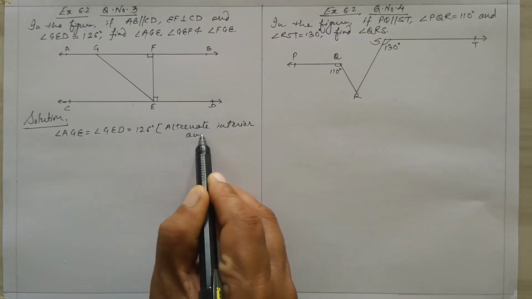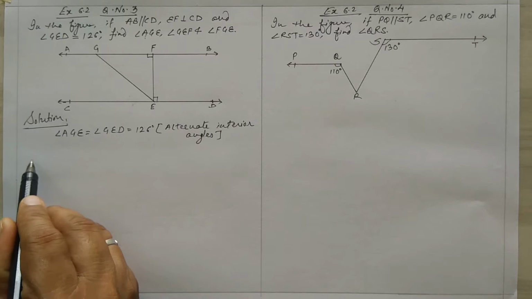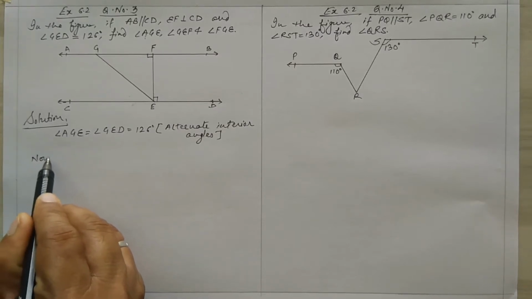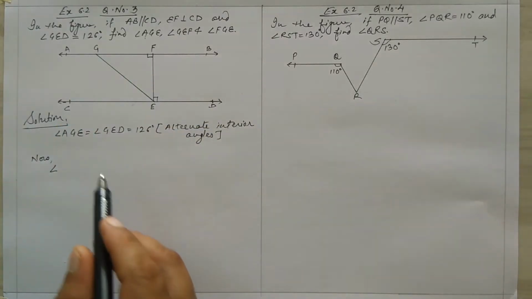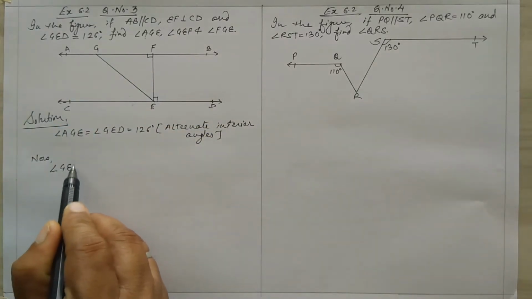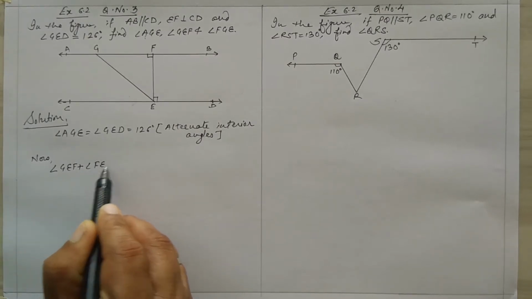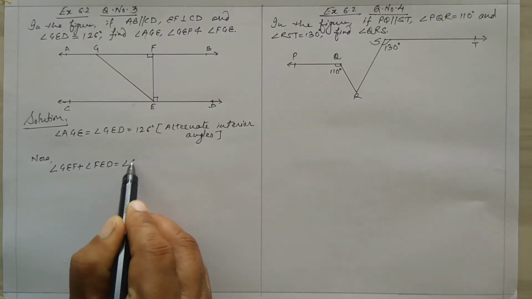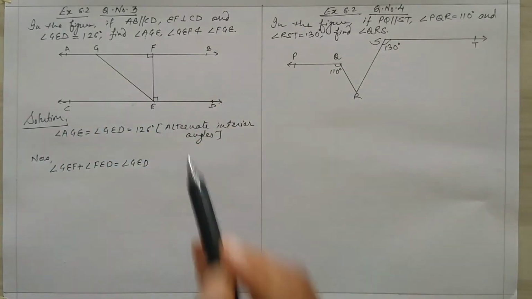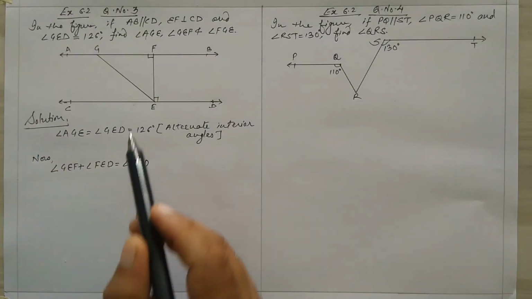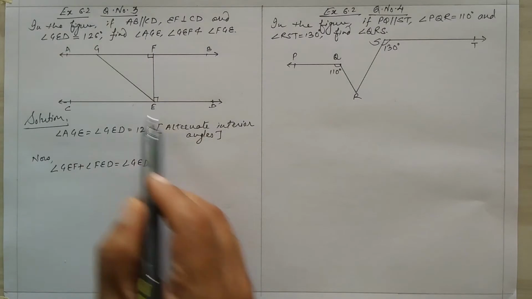Now what you can say? Angle GEF plus angle FED is equal to angle GED, because GEF and FED are forming adjacent angles. EF is a common ray, therefore GEF plus FED is GED.